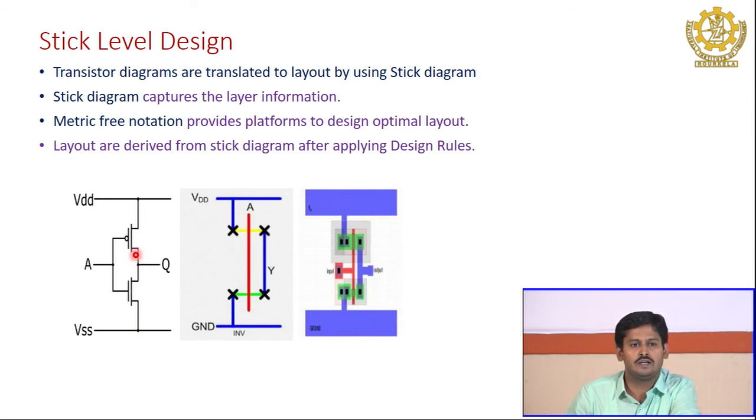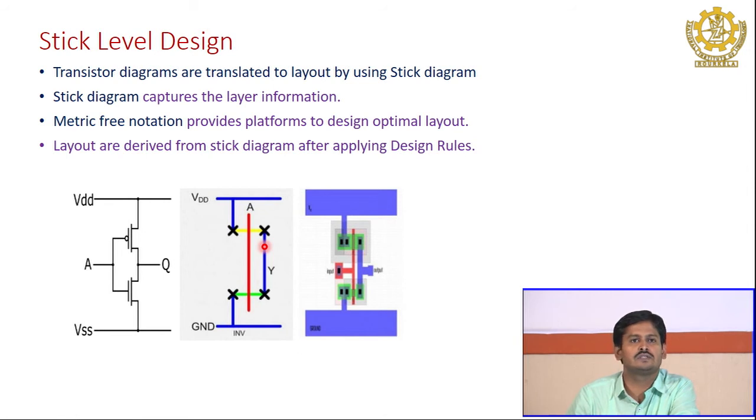Got it? So now what I did is, yellow represents P diffusion, green represents N diffusion, poly is red, and blue represents your connection, the metal layers, aluminum for connecting. And this cross represents the contacts used to connect this P diffusion with the aluminum.